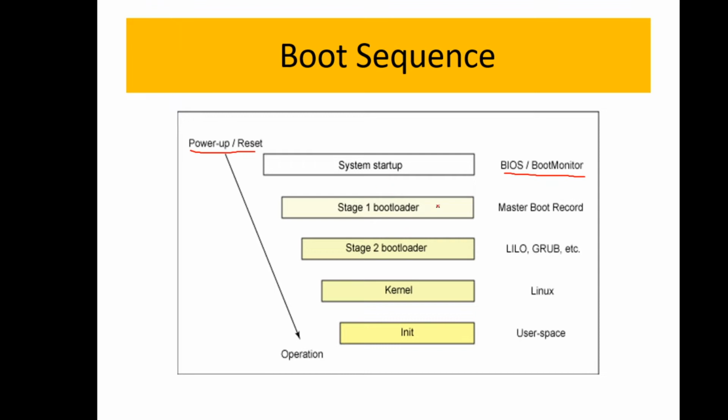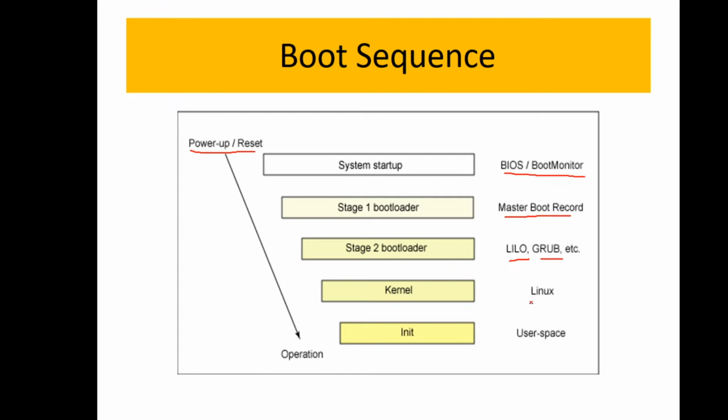From there, the control goes to the stage 1 bootloader, where the MBR, master boot record, comes into the picture, and next it reaches the stage 2 bootloader, where LILO, that is Linux Loader, and GRUB get loaded into the system, and then control goes to the kernel.